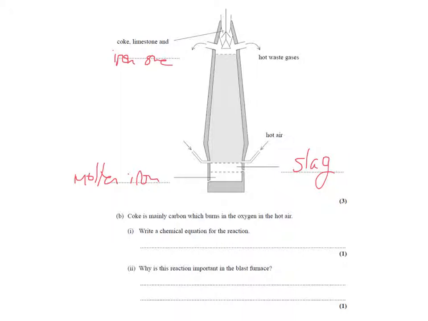Now in the furnace we have carbon which is contained in the coke, and that reacts with oxygen to form carbon dioxide, and this is an extremely exothermic reaction, and it provides heat to the furnace.